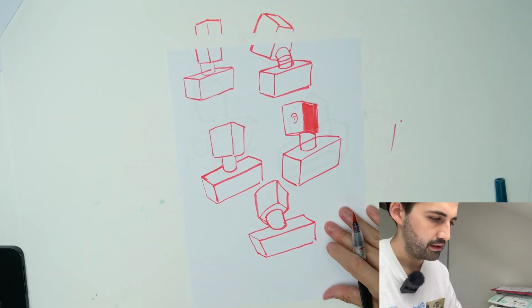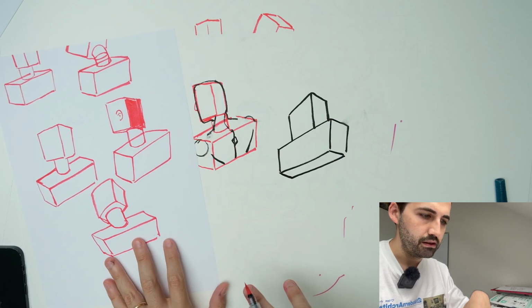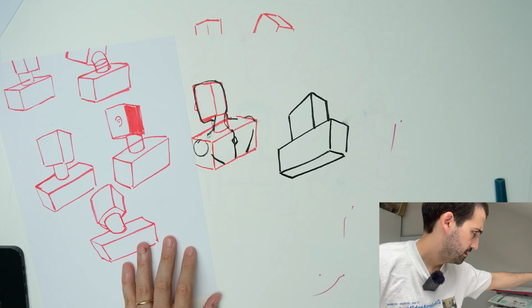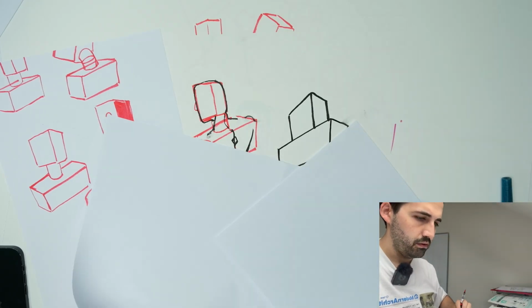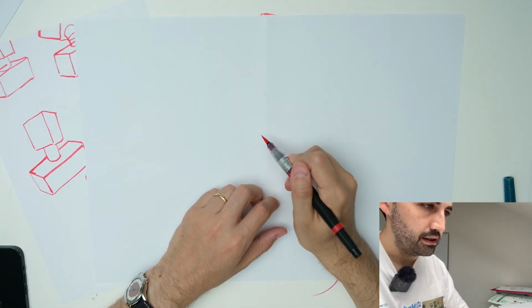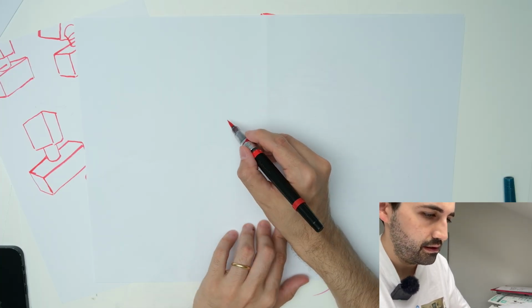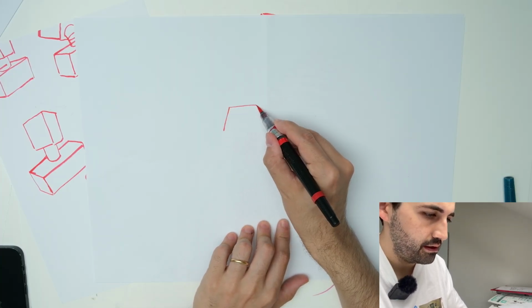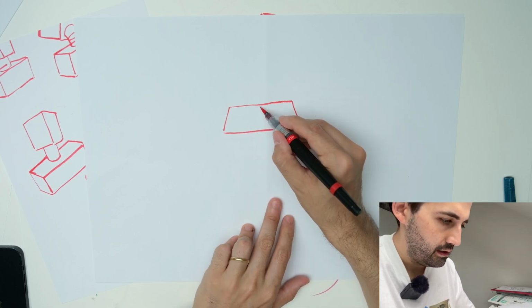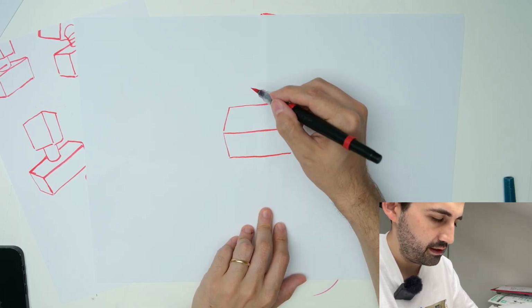One thing to keep in mind that I did forget to mention is that when we do this combination for the human body, and I do need to grab some more paper, especially for the head and the neck, and before I get too ahead of myself, if we imagine this is our torso, and this would be the chest.